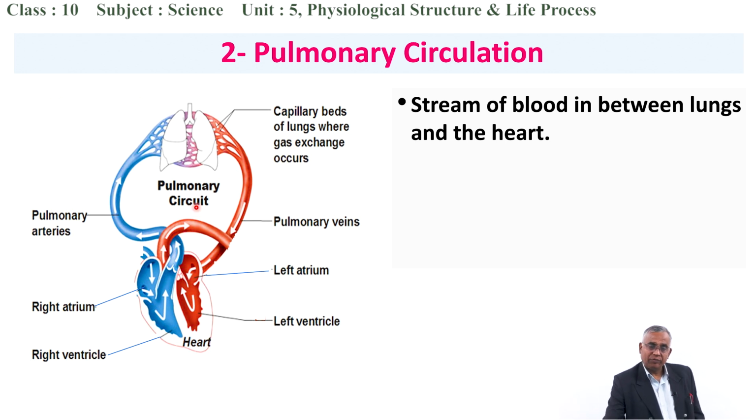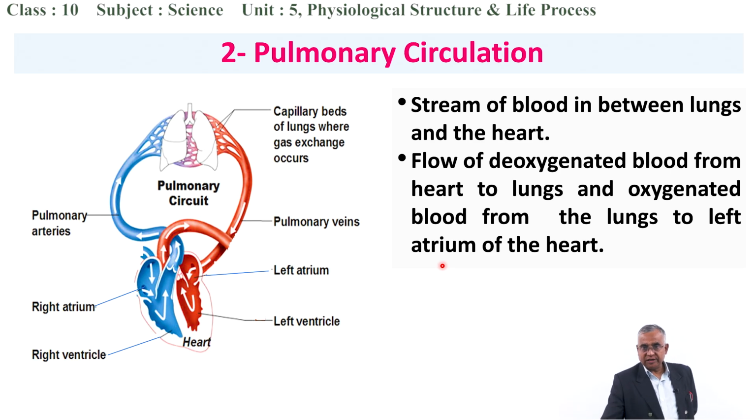So this thing you have to remember in this type of circulation, and the purpose is only what? Purification of blood. So flow of deoxygenated blood from heart to lungs and oxygenated blood from the lungs to the left atrium.